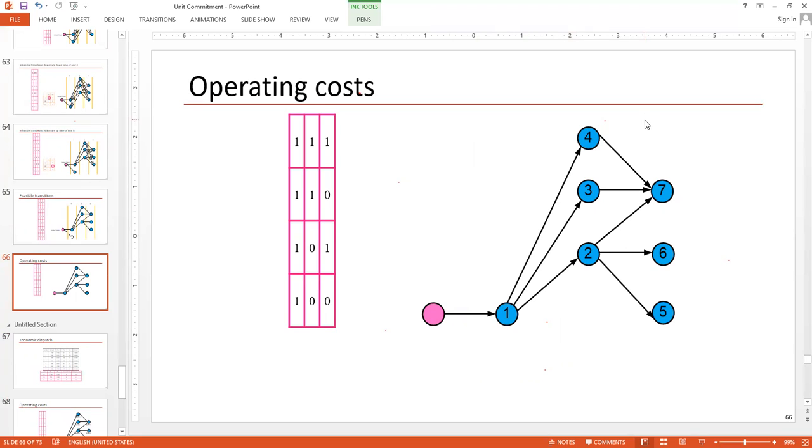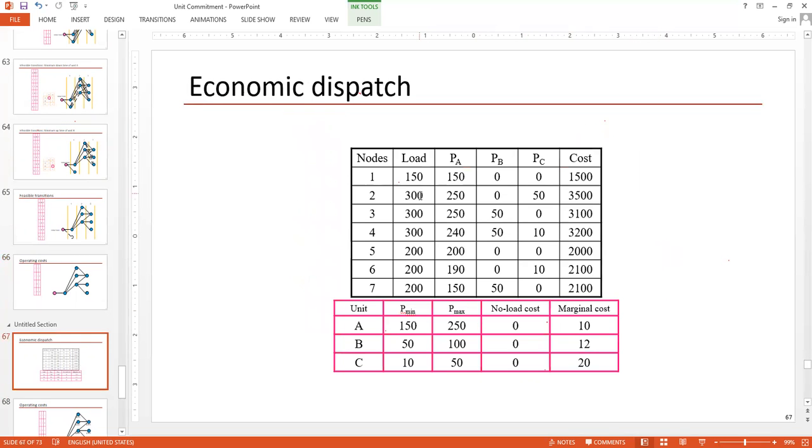And the load for all these 3 nodes, 5, 6, and 7, lying at hour number 3 is 200. So you see 300 for nodes 2, 3, and 4, and 200 for 5, 6, and 7. For all these 3, the load is the same, that is 200 units.